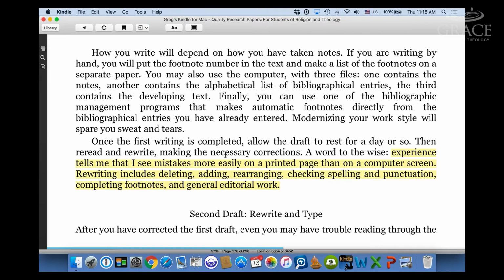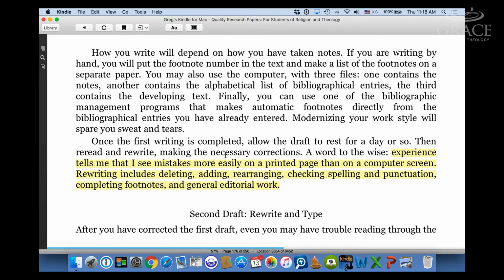Okay, the writing process, the first draft, write and rewrite. Just one thing here, and I agree with this 110%. Experience tells me that I see mistakes more easily on a printed page than on a computer screen. Amen to that.